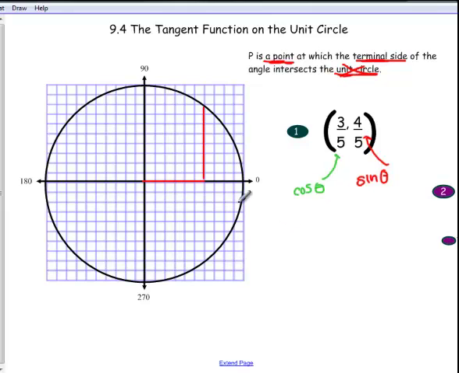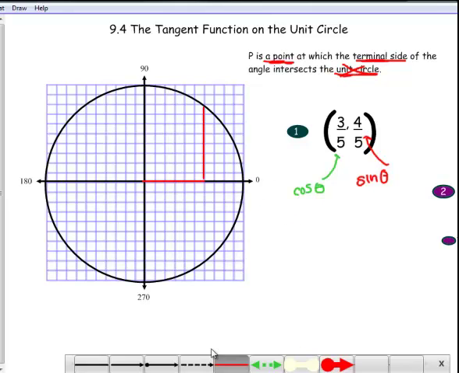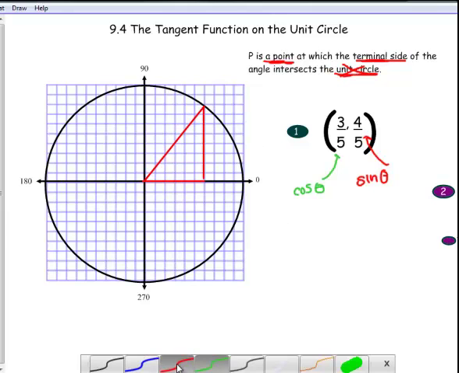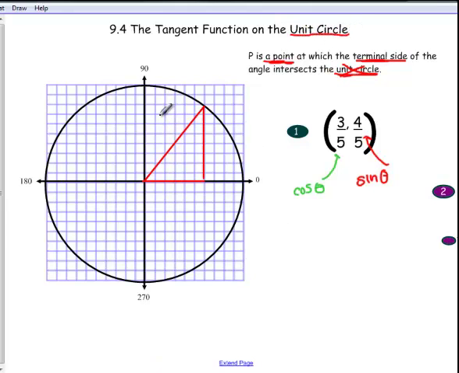So we can look at it two ways. We can make this into a triangle. And we can look at this and say, this is a unit circle, so this radius is 1. And this side must be 3/5 because it's the x value.